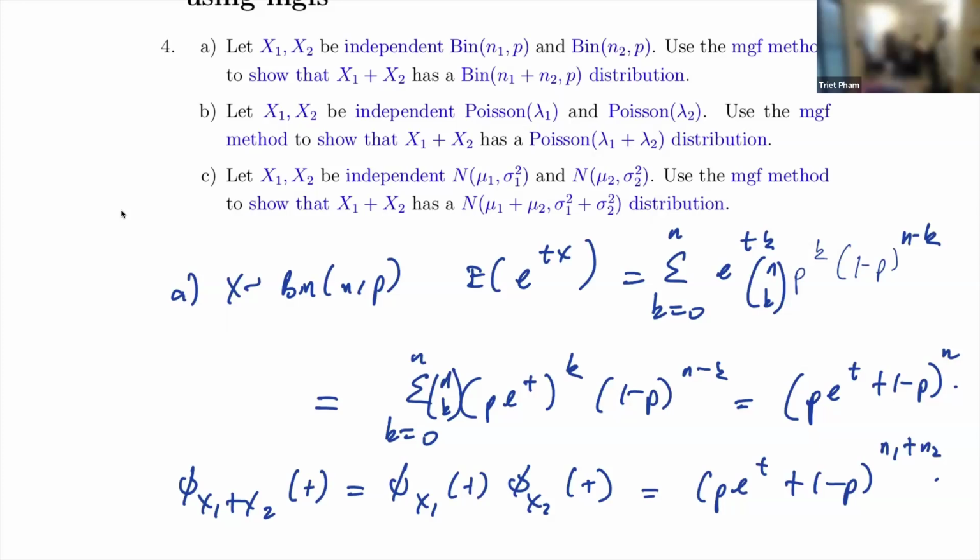But that's it, because the structure of this is exactly the same as the structure of a binomial n, p, with n being replaced by n1 plus n2. Therefore, we can conclude that the sum has a binomial n1 plus n2, p distribution. Any question here?